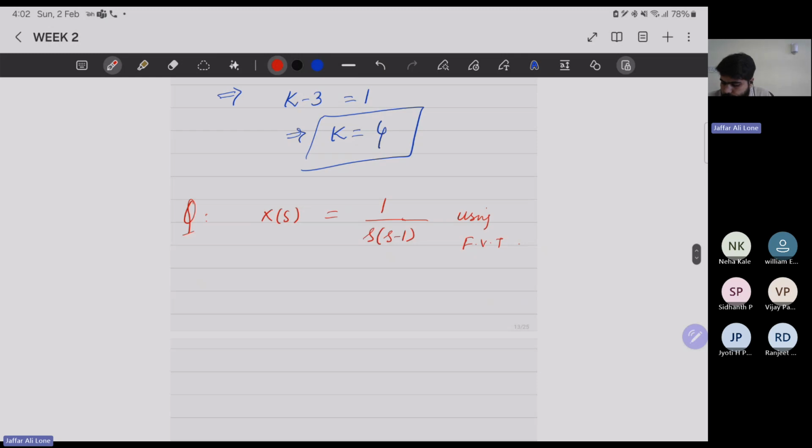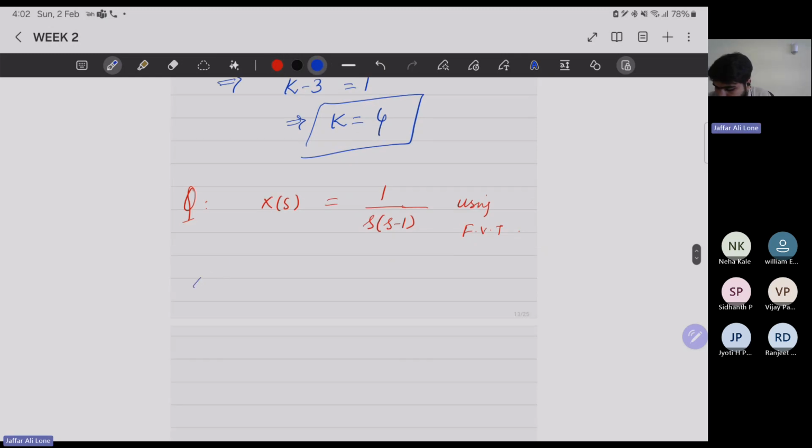Again, if you see, I said for the final value theorem to be valid, all poles have to lie in the left half plane. If there is any pole in the right half plane, we cannot apply it.